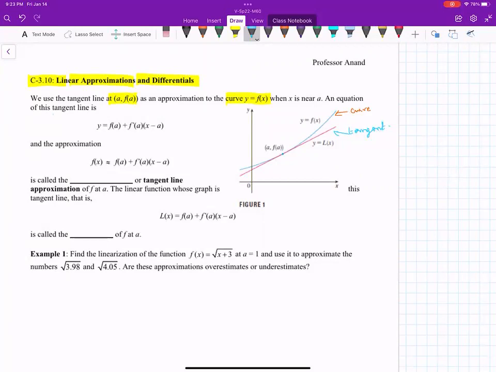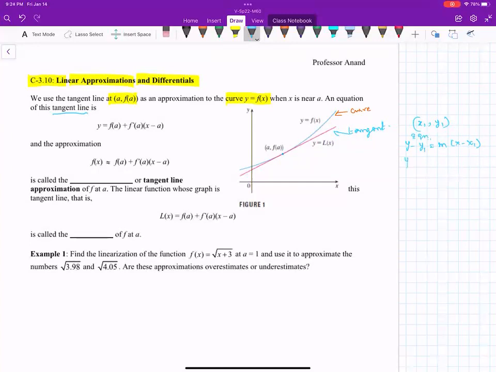So the tangent line at (a, f(a)) is given by y = f(a) + f'(a)(x - a). If (x1, y1) is a point on the graph, then y - y1 = m(x - x1) is the equation of a line passing through (x1, y1).